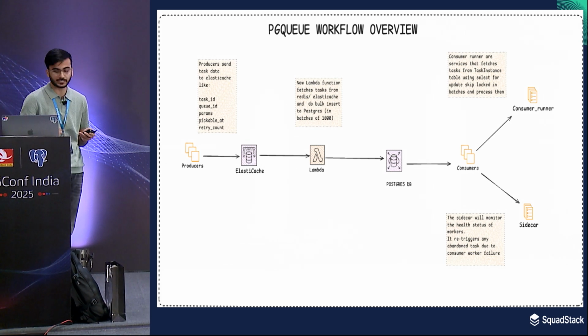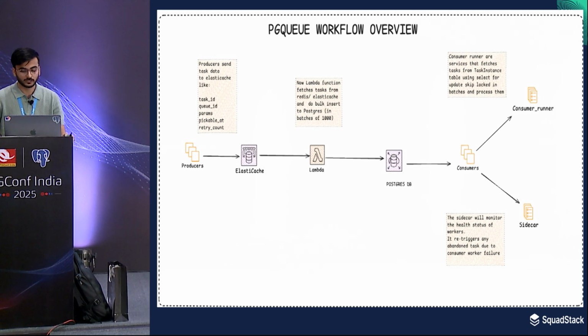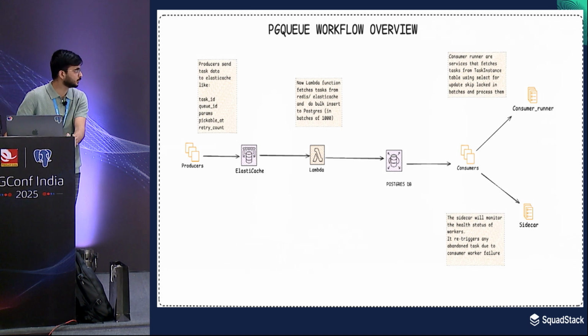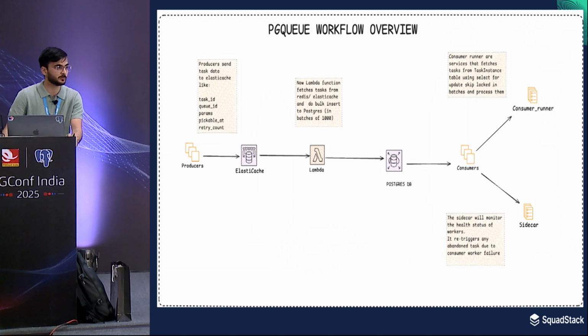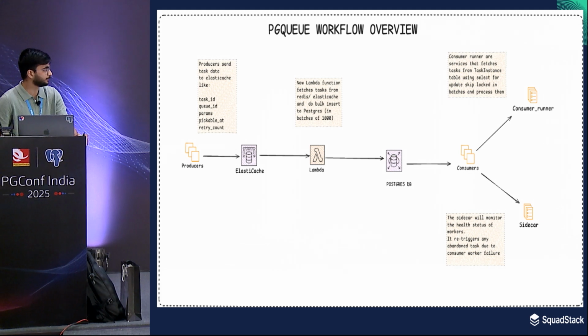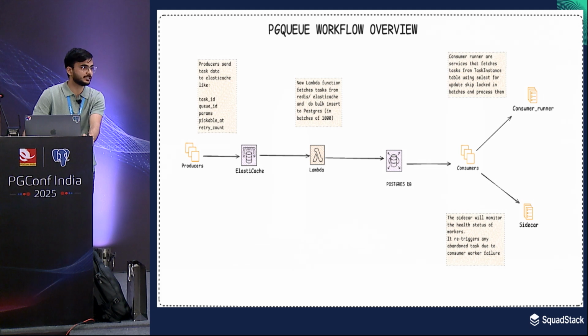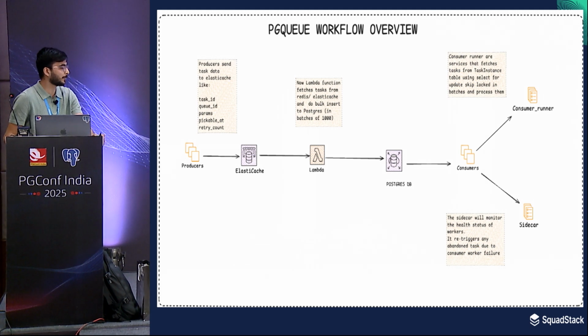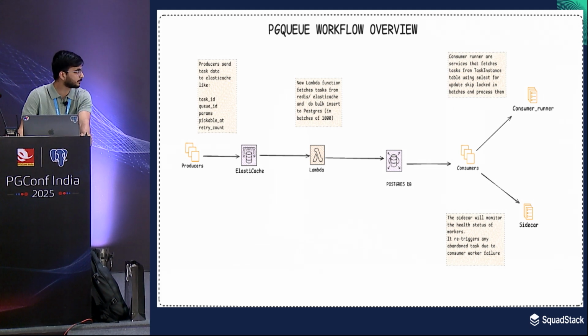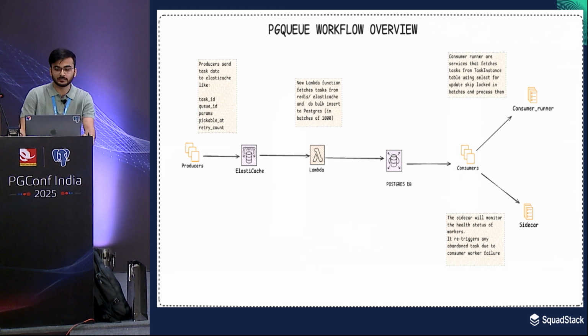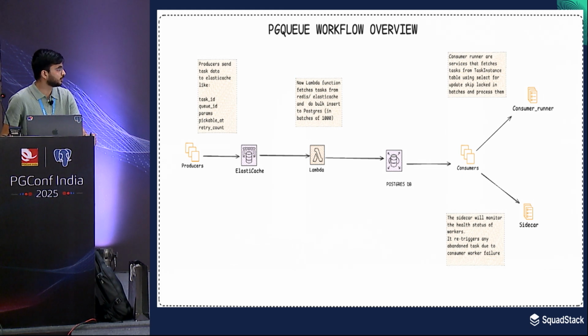Now we have the second thing, the consumer section. Consumers have basically two types of services: one is a consumer runner and the other is a sidecar. The consumer runner is a systemd service that fetches tasks from the DB in batches using SELECT FOR UPDATE SKIP LOCKED and processes them.